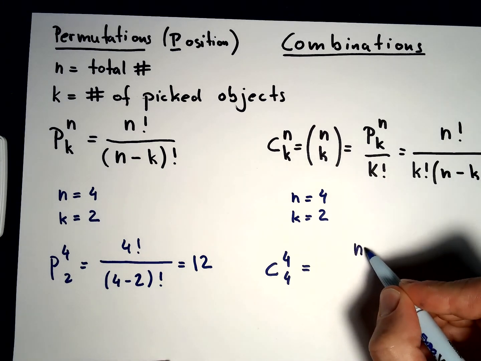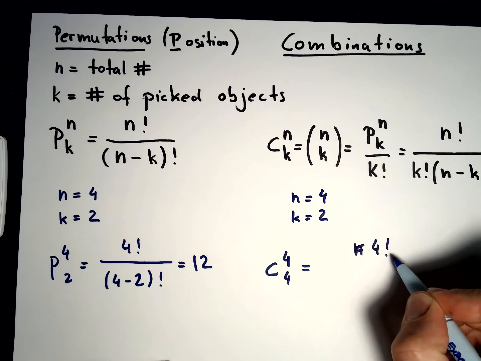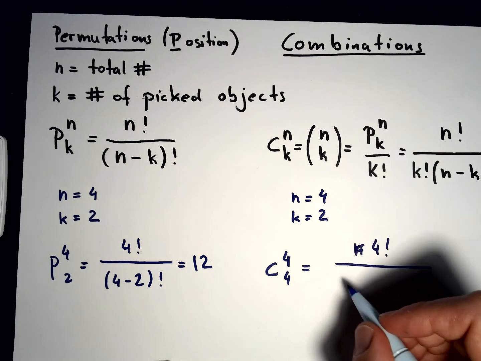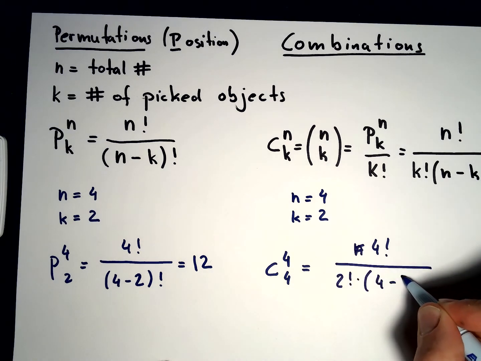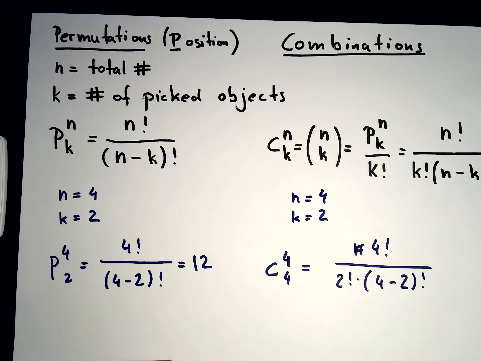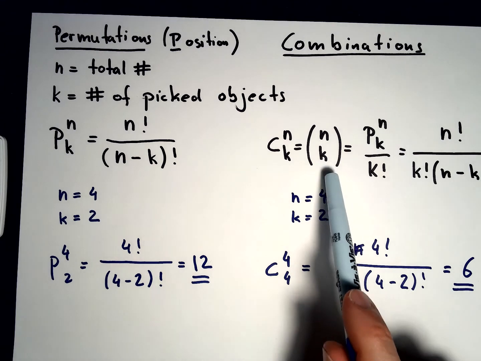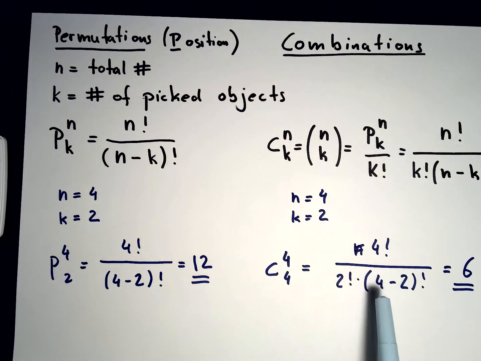So we have 4 factorial divided by 2 factorial times 4 minus 2 factorial. In this case, we have 6 possible arrangements. Note that it is only coincidence that in this example we have half the number of arrangements. We will see that combinations is going to play a very important role when we look at the binomial distribution.